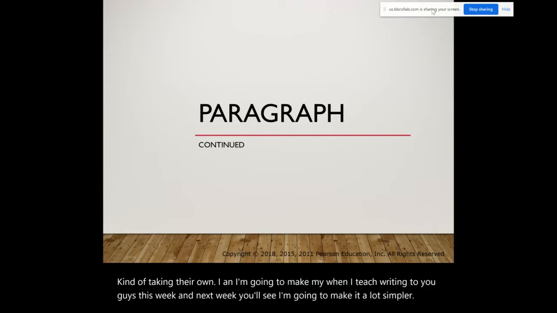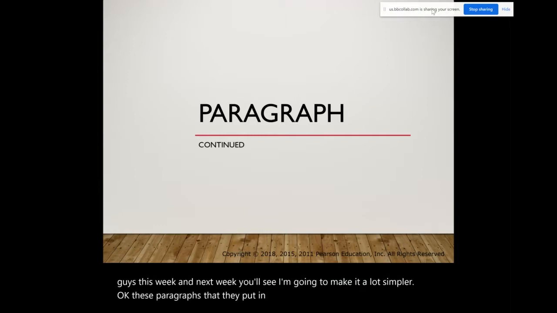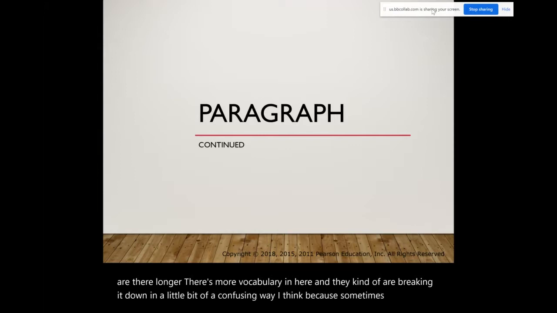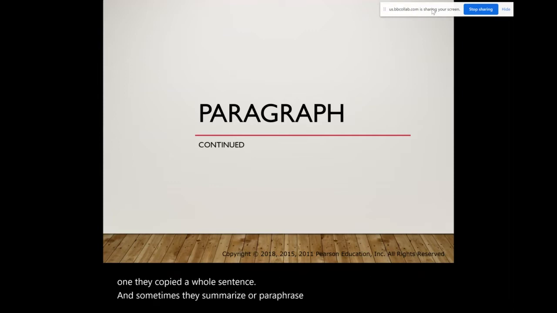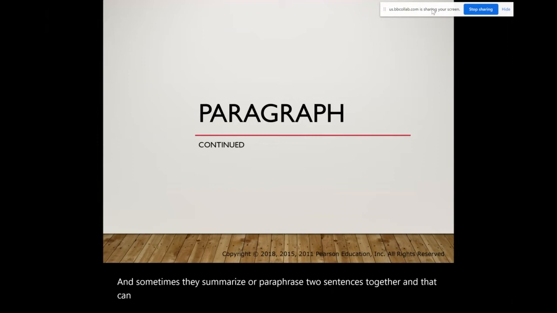These paragraphs that they put in here are good paragraphs, but they're longer. There's more vocabulary in here, and they kind of are breaking it down in a little bit of a confusing way, I think, because sometimes in practice one they copied a whole sentence, and sometimes they summarized or paraphrased two sentences together, and that can be confusing, especially when you're first learning to write.